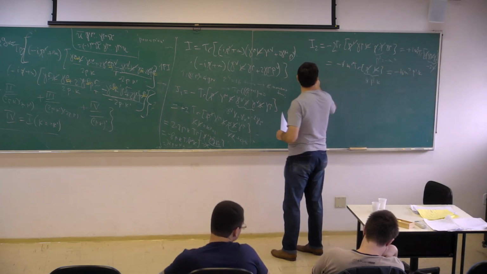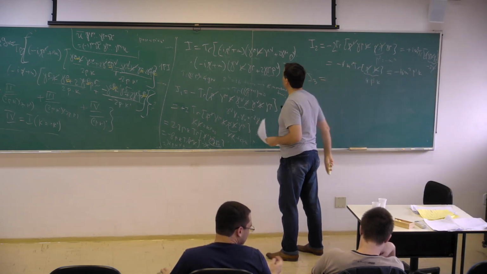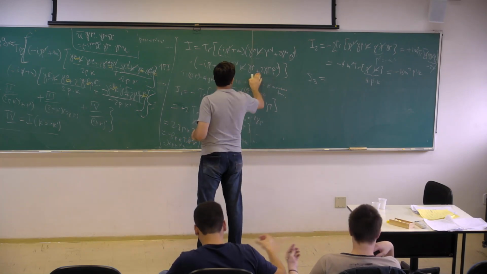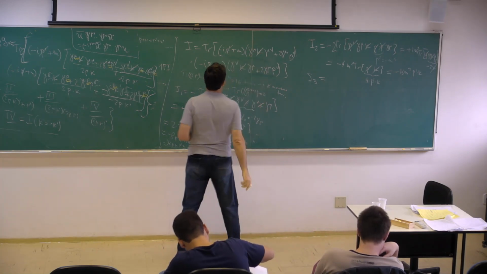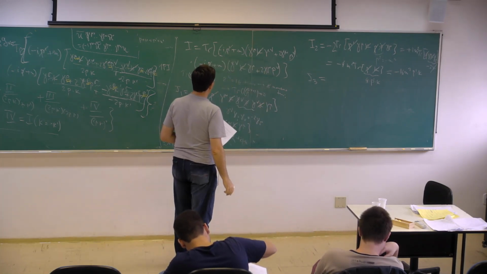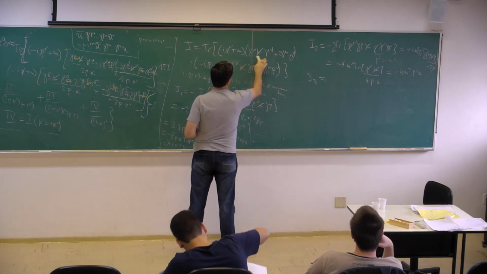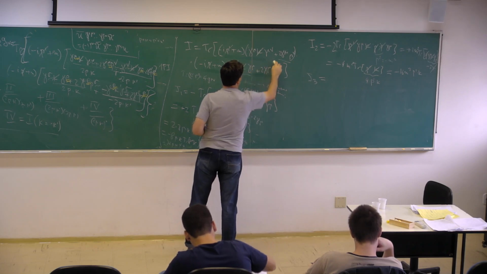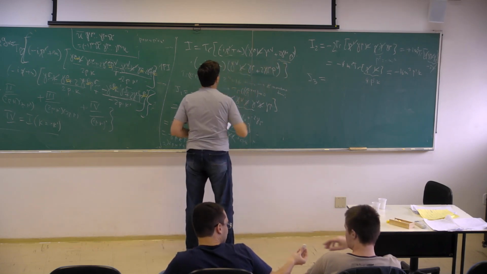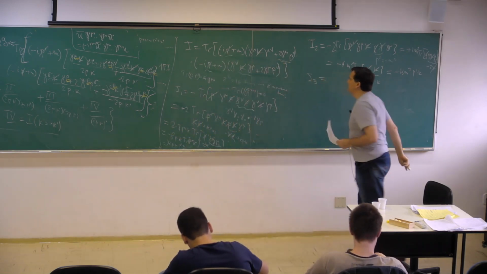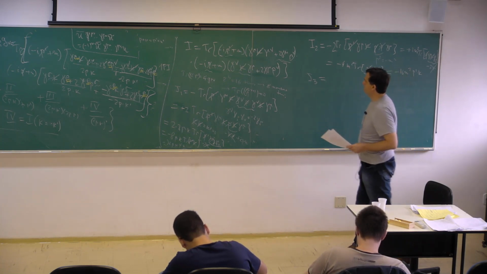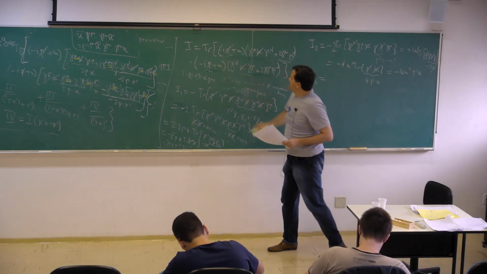Then I3. Let me consider now, let's see what else. Yeah, okay. Let's consider with this the opposite. So these terms again with the same ones from these two brackets.